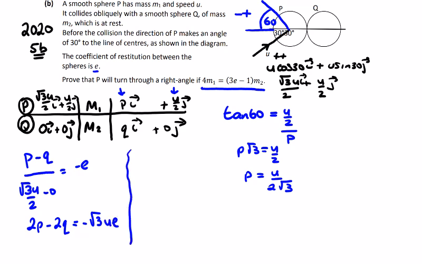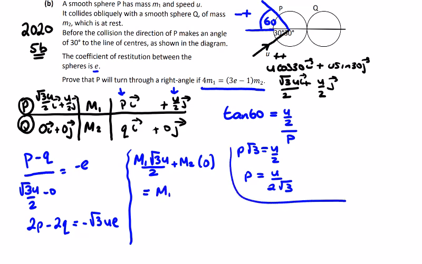And conservation of momentum will give me m1 times root 3 U over 2 plus m2 times 0 is equal to m1P plus m2Q.